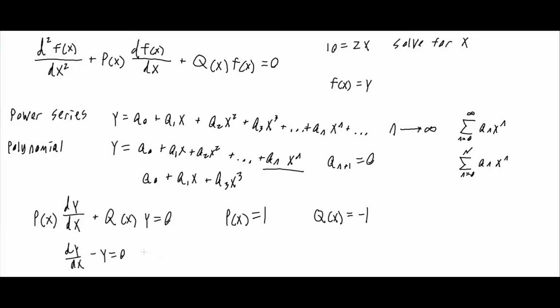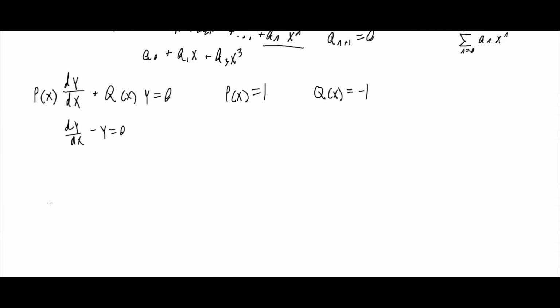And then if you just add y to both sides, what you end up getting is dy dx equals y. And some of you may already know what we will end up getting as our function of x, what y will equal.